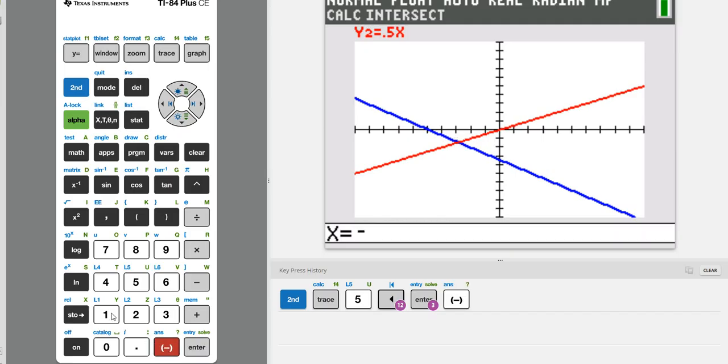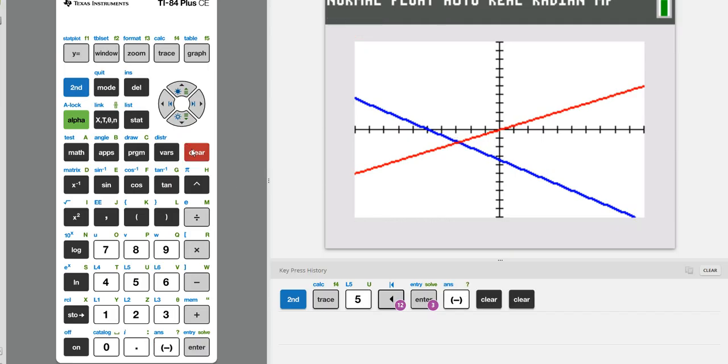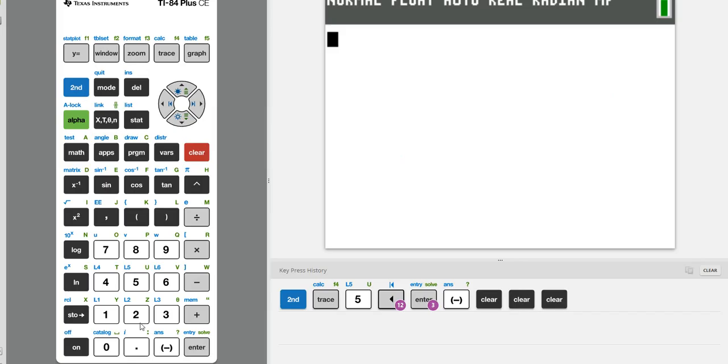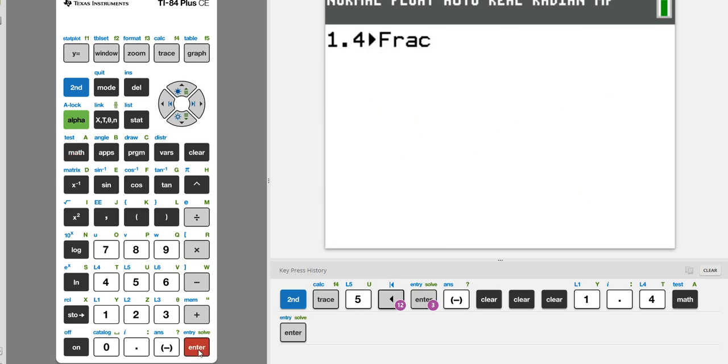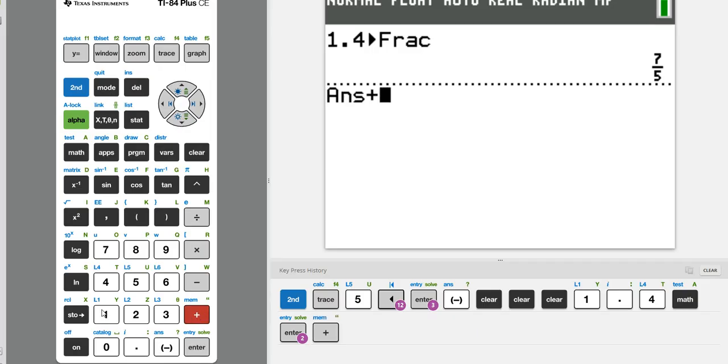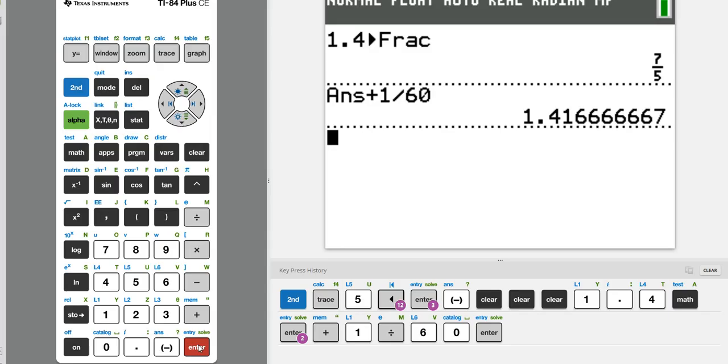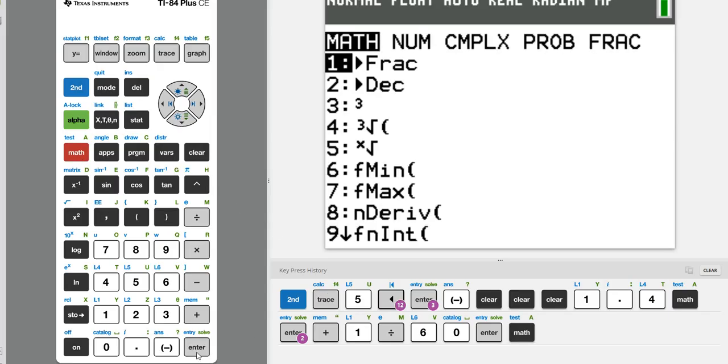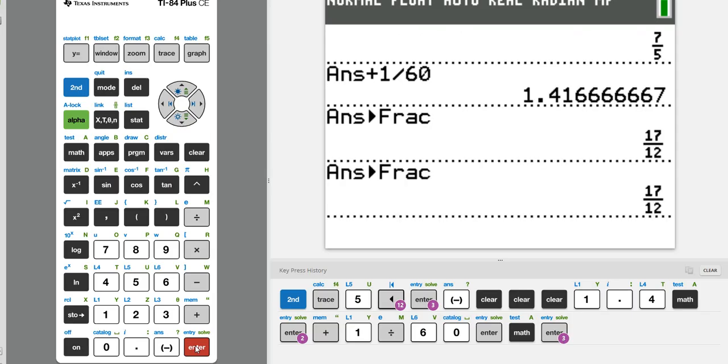You got me curious now. So negative 1.4, let's write that as negative 7/5, and then plus 1 divided by 60. There we go. So let's hit the math key. 17/12. Silly me, I didn't know that one.